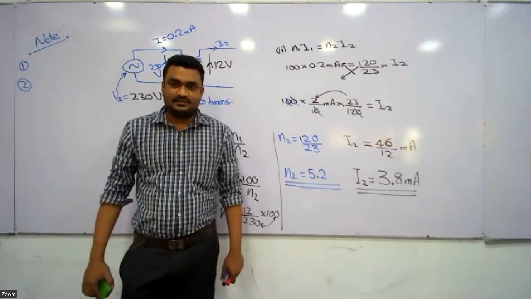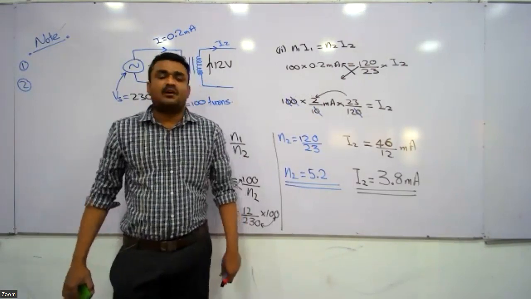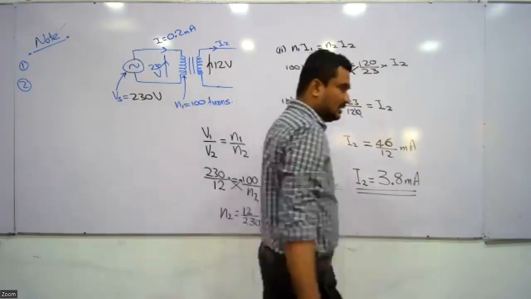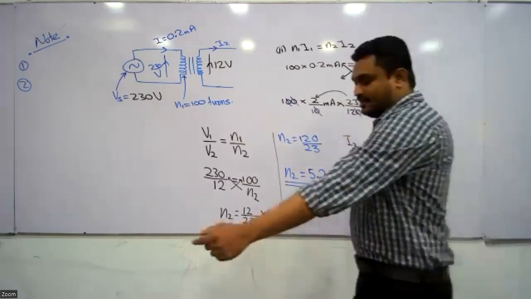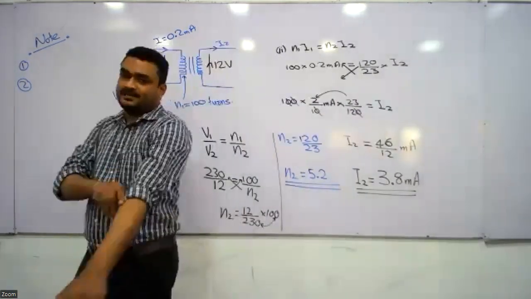Within brackets, in a step down transformer, the primary coil has more turns. Okay dear? Right. So you should remember this point.